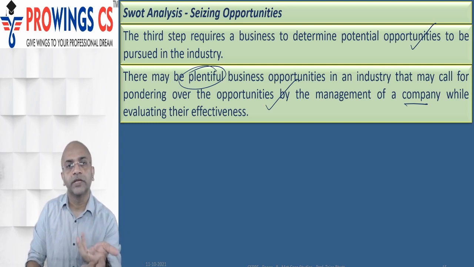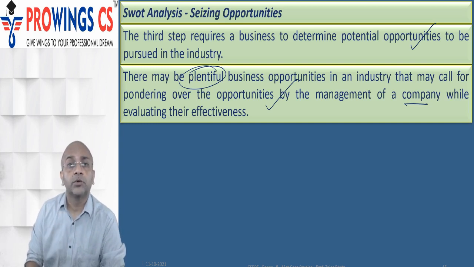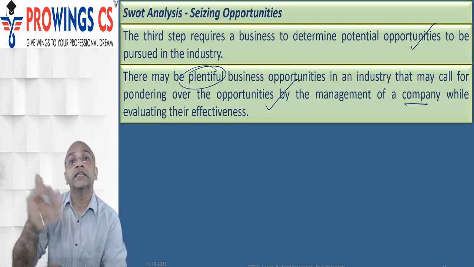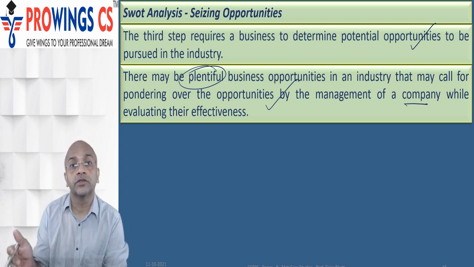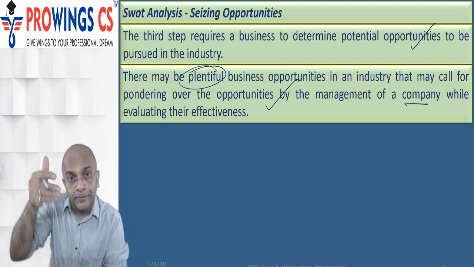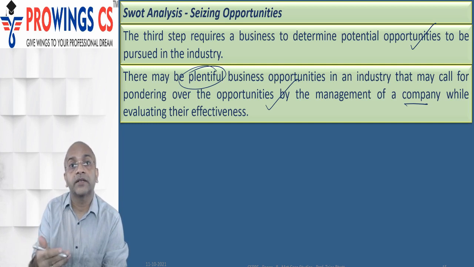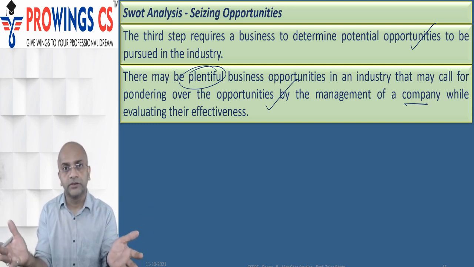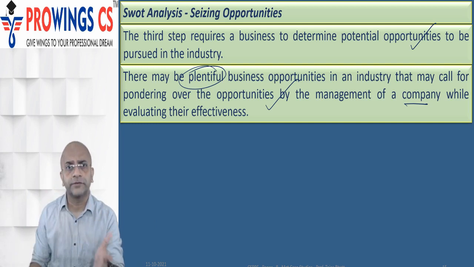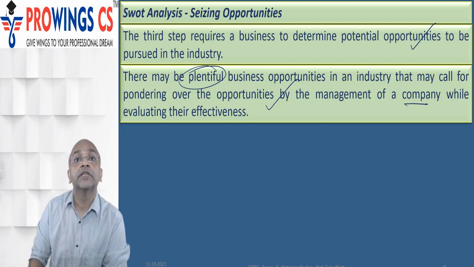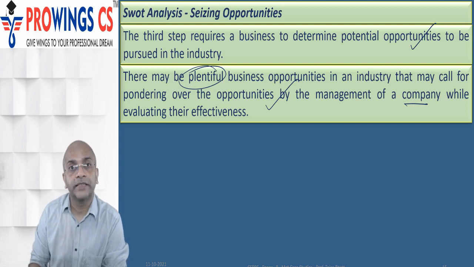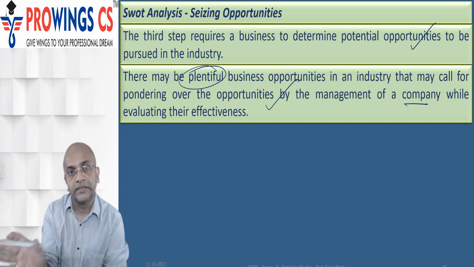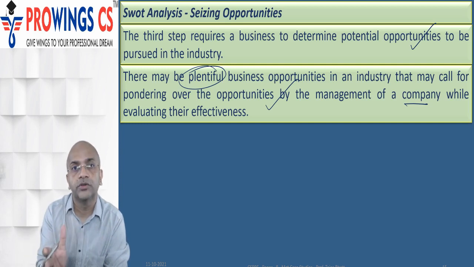Then I can do better research in comparison with others to gain domestic market share. Then I can merge with someone and expand my business horizons. There can be so many opportunities with respect to my business. But every opportunity cannot be worked upon immediately. So out of so many opportunities, so many alternatives, what should you do?